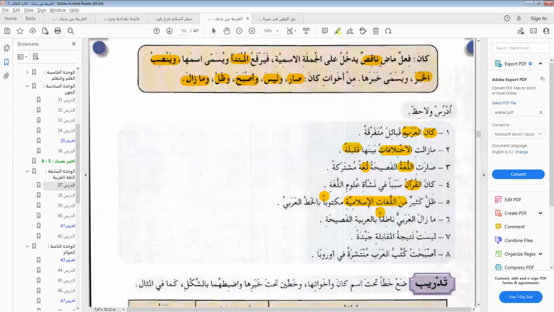Maktuban is written. So maktuban is the khabar of dhalla. Then you have mazala. Mazala means it remains, like I mentioned earlier. If it still remains, still. Mazala al-Arabiyyu natiqan, Arabic is still being spoken bil-Arabiyyati al-fasihati, with the eloquent Arabic. So natiqan is the khabar of zala.